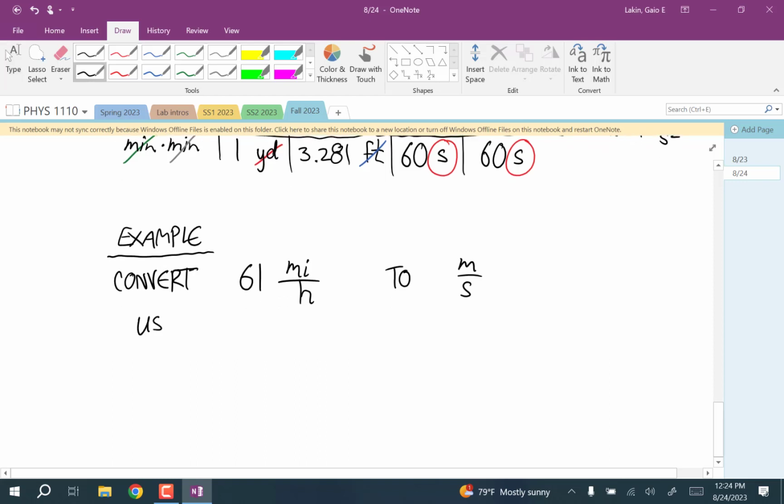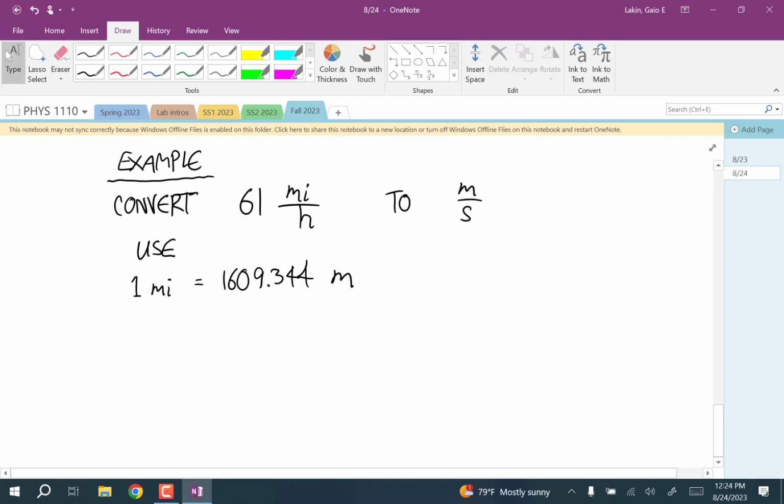And we're going to use the conversions. 1 mile is 1609.344 meters. And 1 hour is 60 minutes. And 1 minute is 60 seconds.